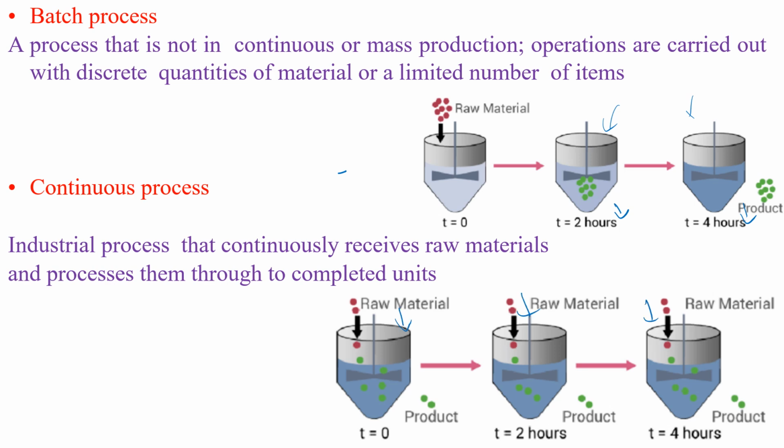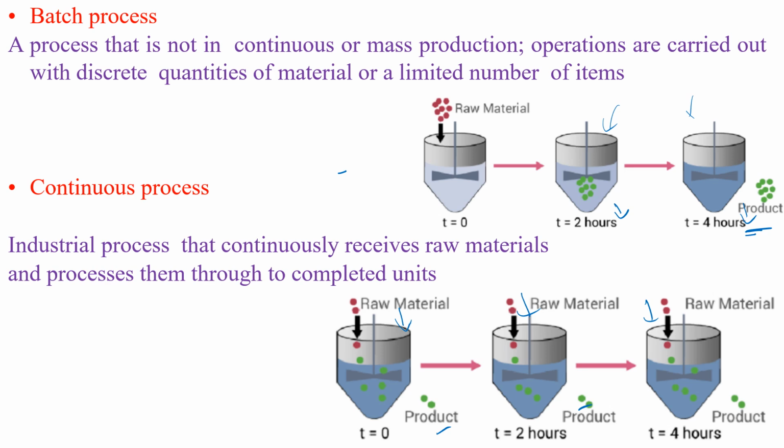Then we can take a product from here, here, here. But here, at the end only we can take the product, but here we can take the product at each unit.